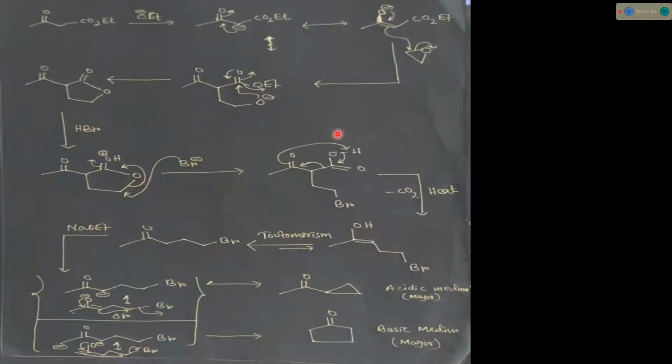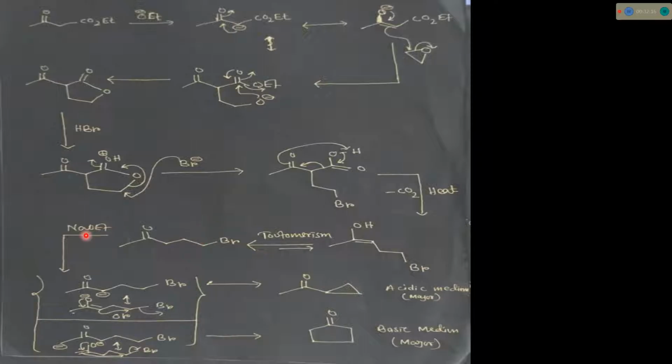So in the beta keto carboxylic acid moiety, this is how decarboxylation takes place. This double bond breaks, it will attack this hydrogen. Now this bond breaks and this bond will break to form this kind of molecule, releasing CO2. Now this is the enol form, it will transform to the keto form via tautomerization.